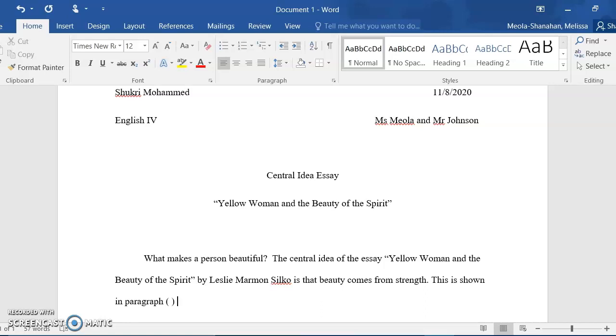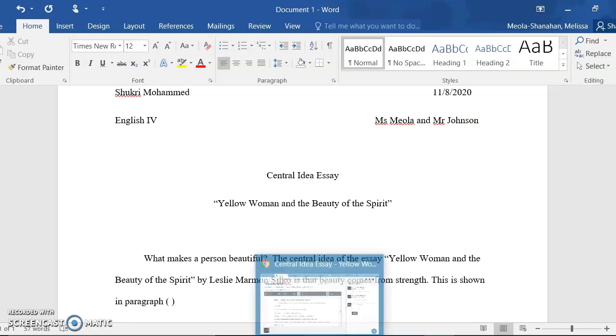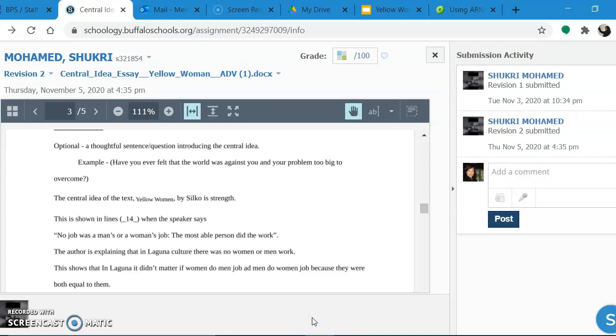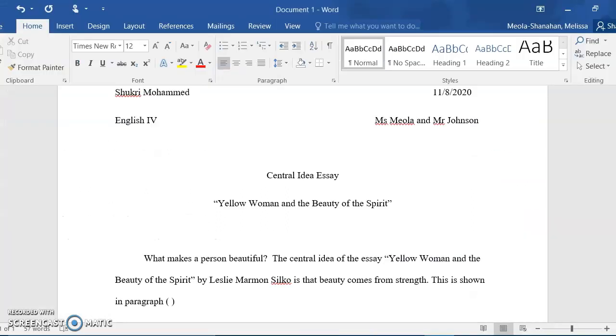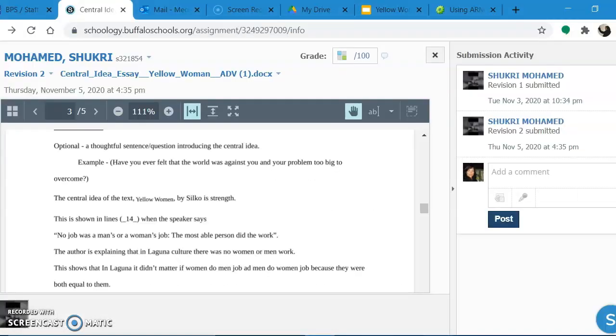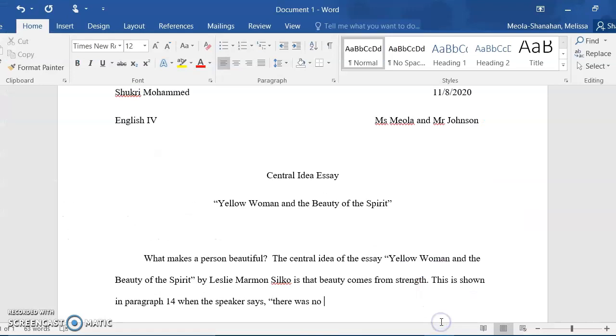This is shown in paragraph 14 when the speaker says, there was no men's or women's jobs.